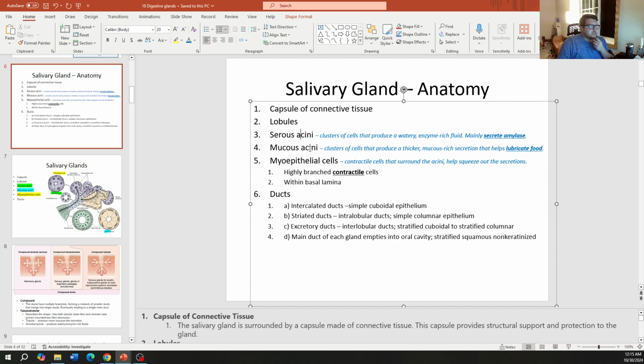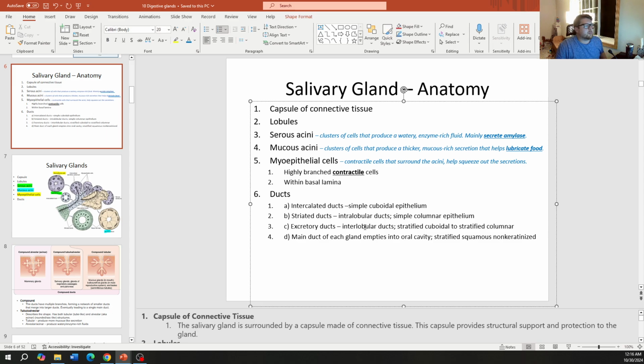The acini are clusters of cells that produce our saliva. Serous is the watery saliva, and mucus is the thicker, mucousy saliva. Myoepithelial cells, because they're muscles, are contractile cells.